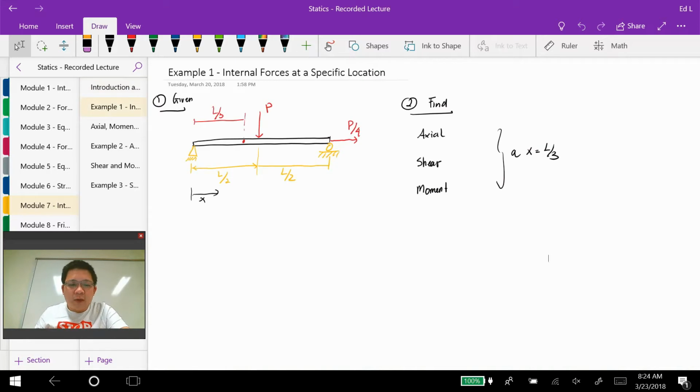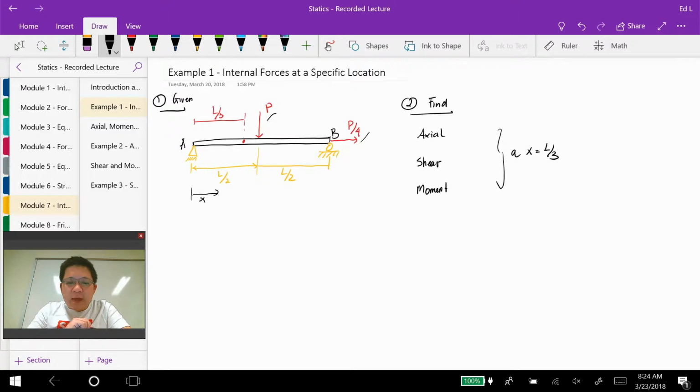We have a simply supported beam, pin supported at A and roller supported at B. A point load P acts on the beam at midspan, and another point load acts on the beam horizontally at B, with a magnitude of P over 4.